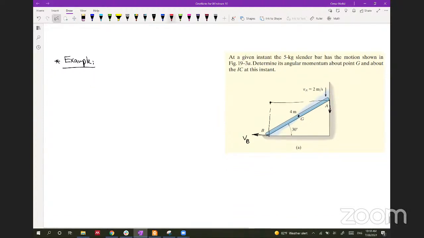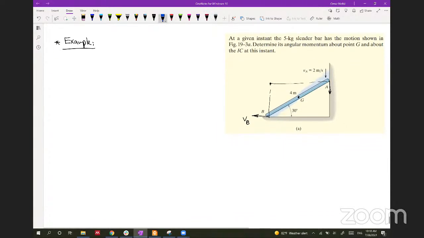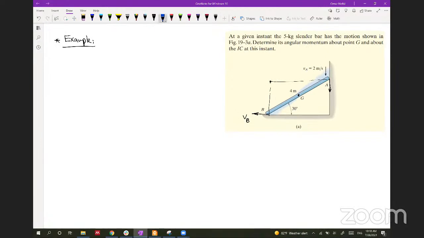Okay, so let's draw a free body diagram to know how the velocities look like and do some geometry analysis. So this is our cylinder bar. I know this is point A, and VA is equal to 2 meters per second. And I know that this is VB, I don't know its value. And I just identified where the instantaneous center of zero velocity is.